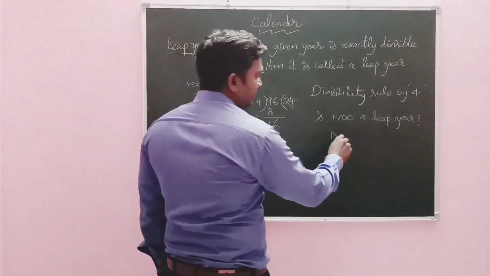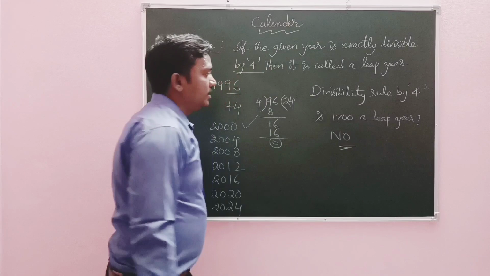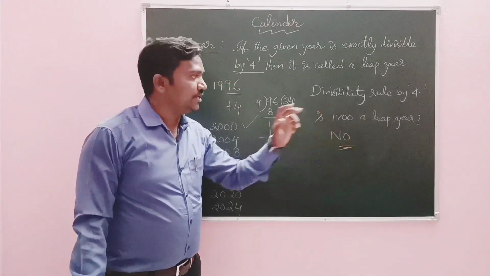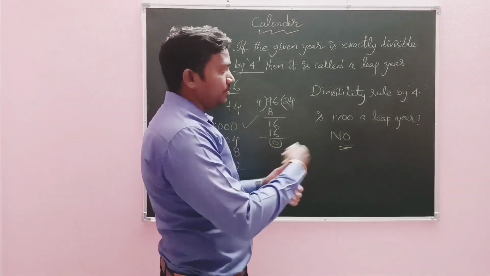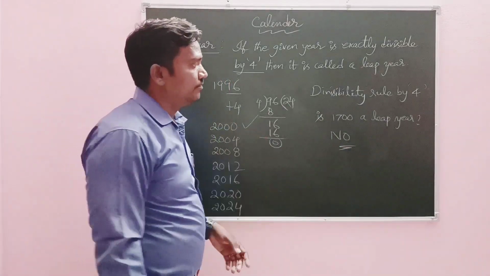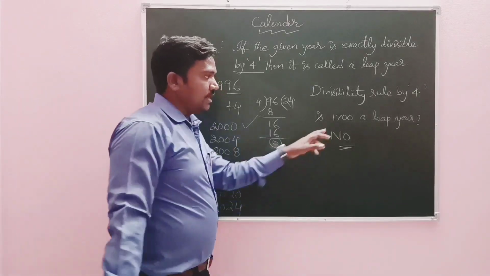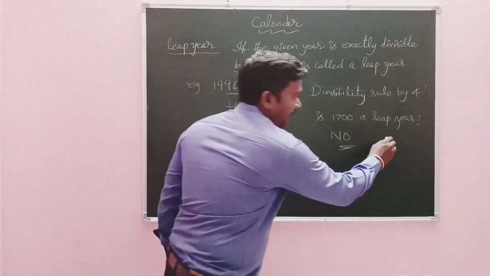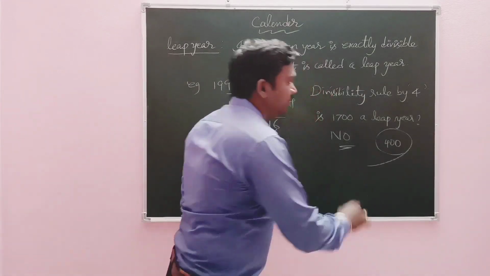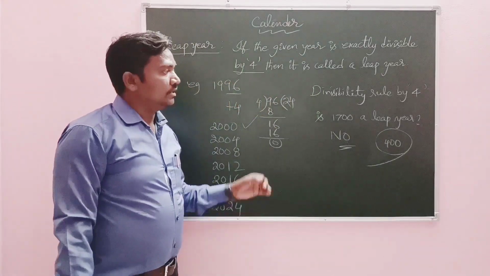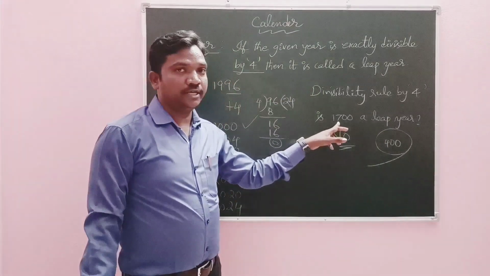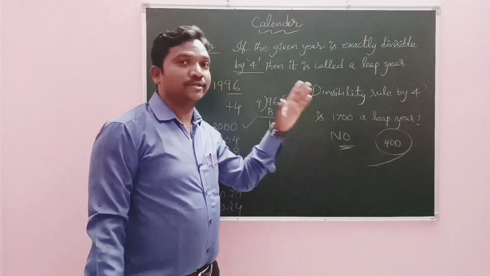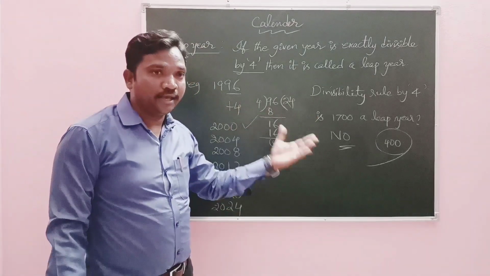No, because if the given year is a century year, century year means multiples of 100, then it must be exactly divisible by 400. We have to remember this one. If the given year is a century year, then it must be exactly divisible by 400. Then only it is called a leap year. Otherwise, it is not a leap year.